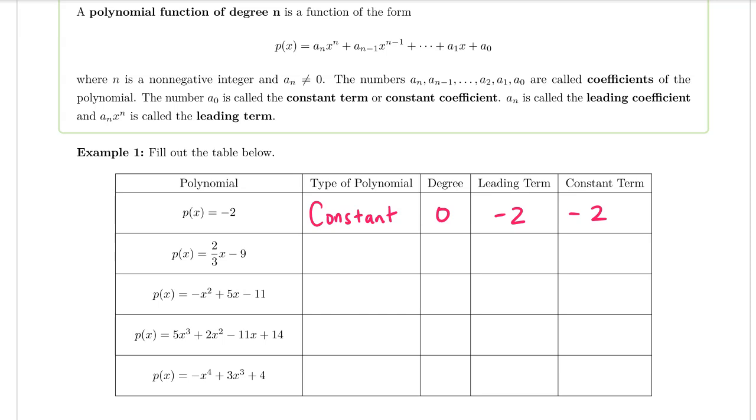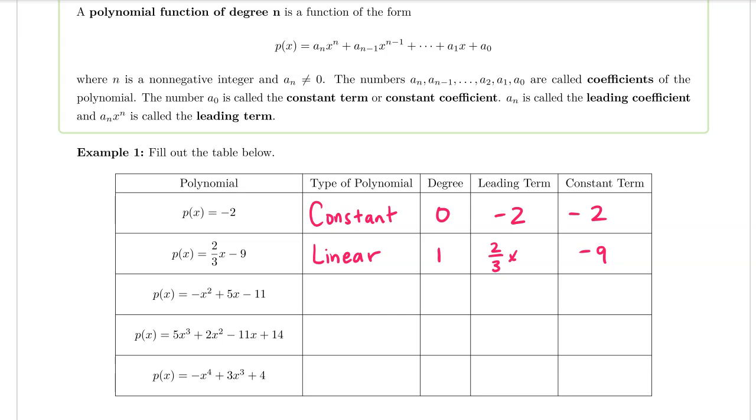The next example, p of x is equal to 2/3 x minus 9, is an example of a linear polynomial. Now, the power on x here is 1, so this is a degree 1 polynomial, which again is a linear polynomial. The leading term is 2/3 x, and the constant term would be negative 9 here.